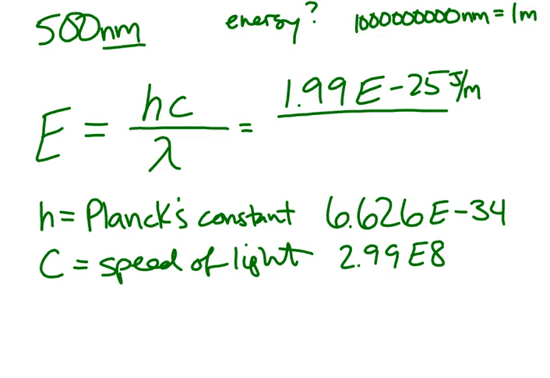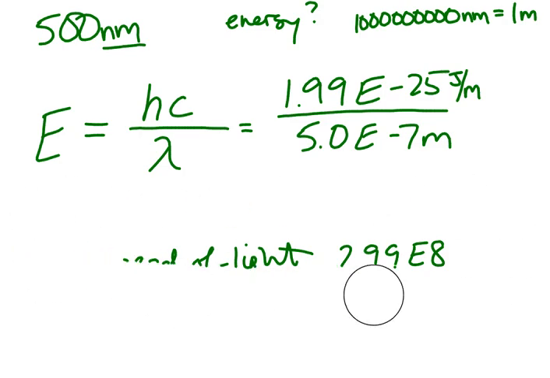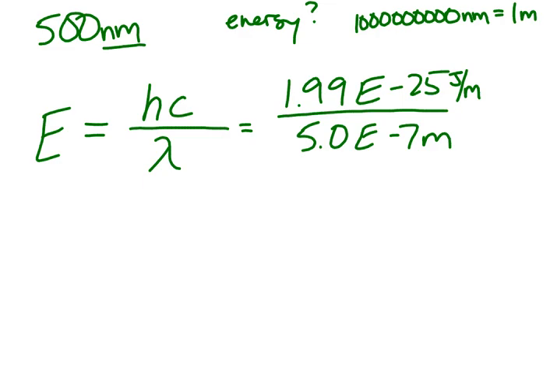So if I do my conversion, which I expect you to know how to do, I'm going to end up with 5.0 e to the negative 7 meters. Okay, so when I do my math, my meters are going to cancel out, and I'll be left with joules, which works out because I want joules, because joules is a unit of energy.